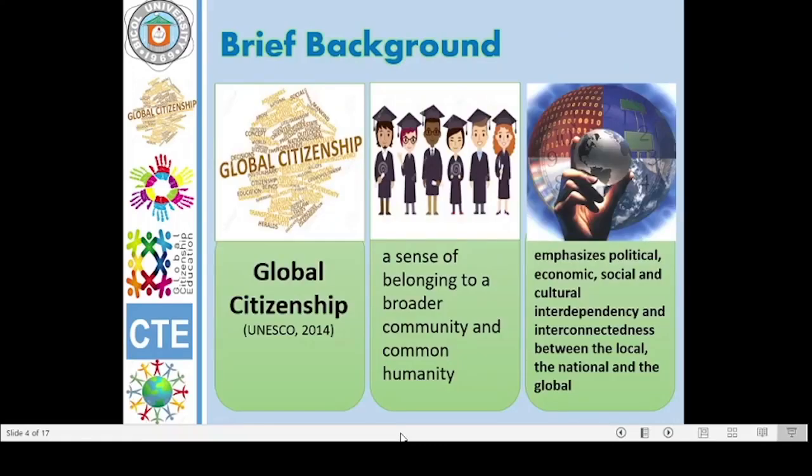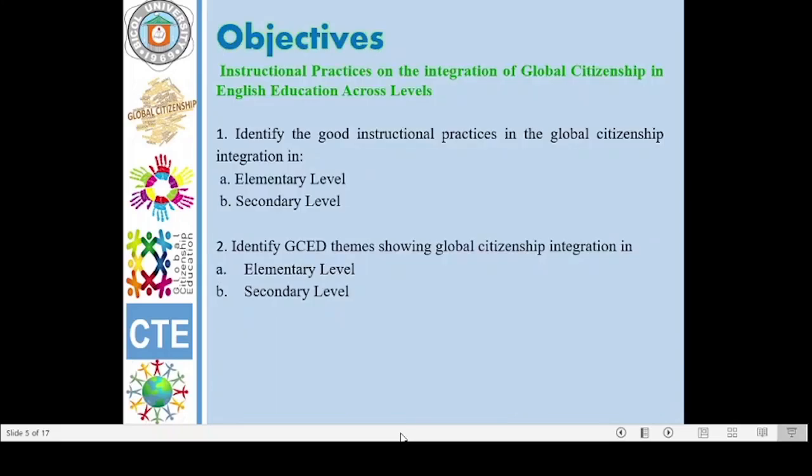Global citizenship education is necessary because of the interconnected and interdependent nature of the current world. GCED aims to instill in learners the values, attitudes, and behaviors that support responsible global citizenship. Thus, the study aimed to integrate GCED in the English curriculum.